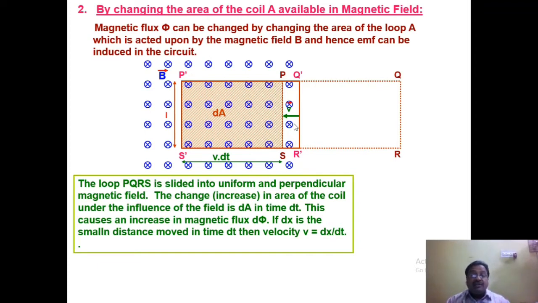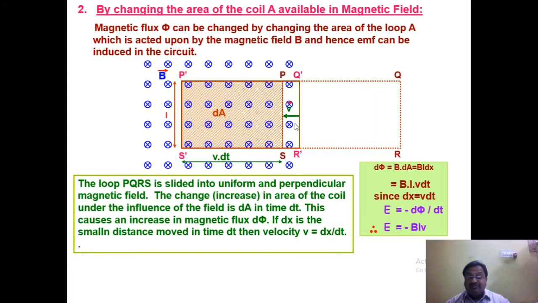If dx is the small distance moved in time dt, then the velocity is the rate of change of displacement, dx by dt. Now d phi equals B dot dA. The magnetic field is perpendicular to the surface, so B is parallel to the area vector, and d phi equals B dA cos 0, which is finally B dA.